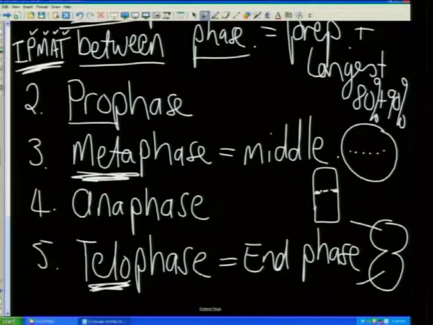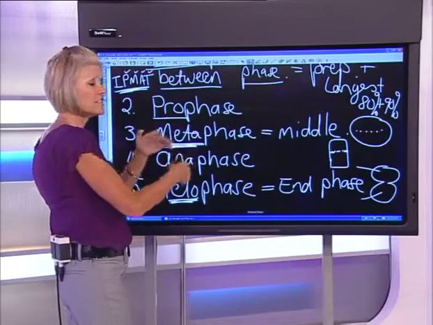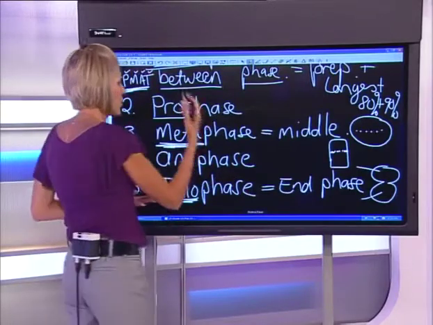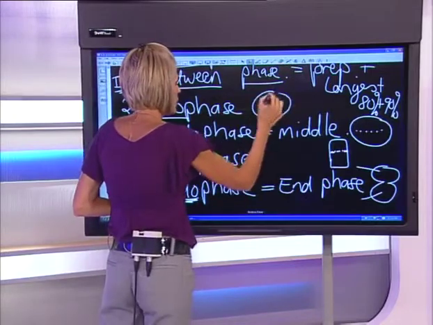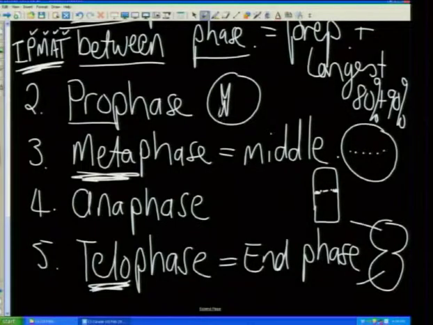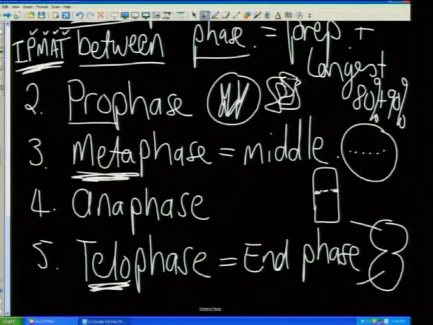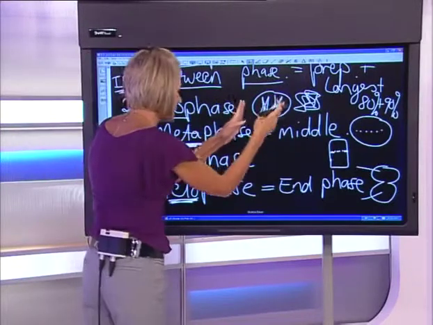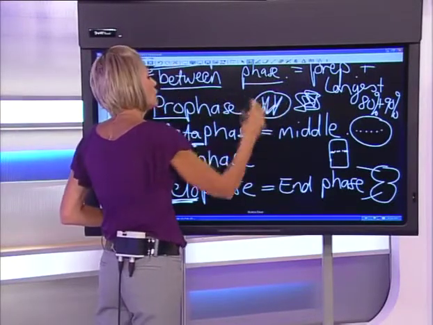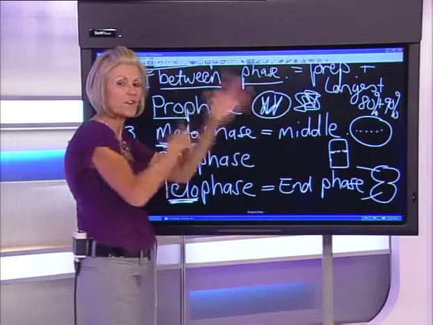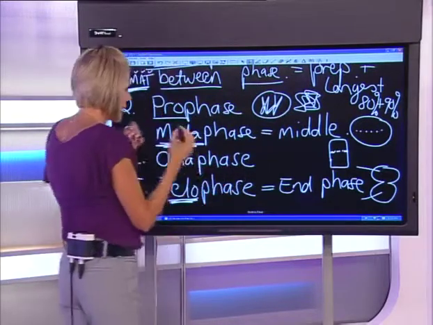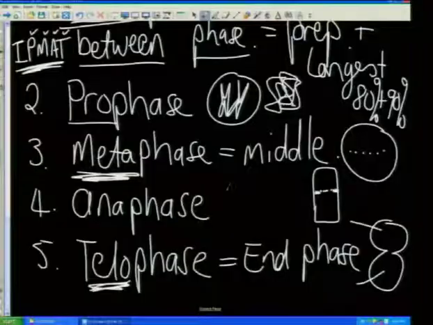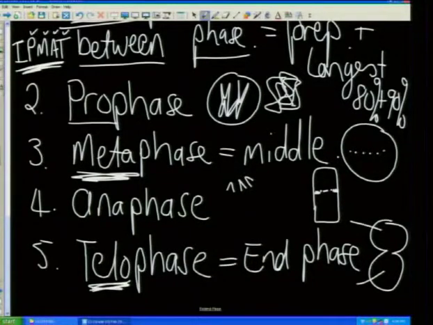Now, how do we tell the difference between prophase and anaphase? Well, interphase, you can see nothing. Prophase, your chromosomes have now gone from a chromatin network, which looks like that, to actual chromosomes. All right? You can see them, you can identify them, and they're all mushed up within the nucleus. Anaphase, everything is pulling towards the poles.